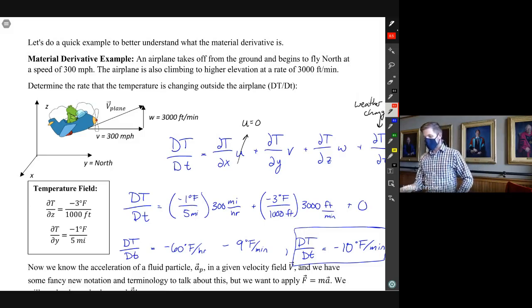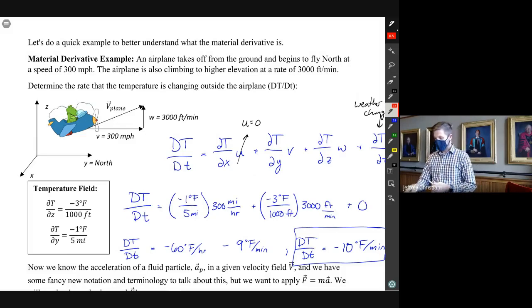The other thing it depends on, not just where you are, is whether there are any changes happening at the location you're at. For instance, if somebody opens a window, it gets colder in here. You're at the same position, but you experience a temperature change. If you're a fluid and somebody cranks a valve open and the velocity goes up everywhere, there's also that component. So it depends on where you are, but also on any local changes to velocity.